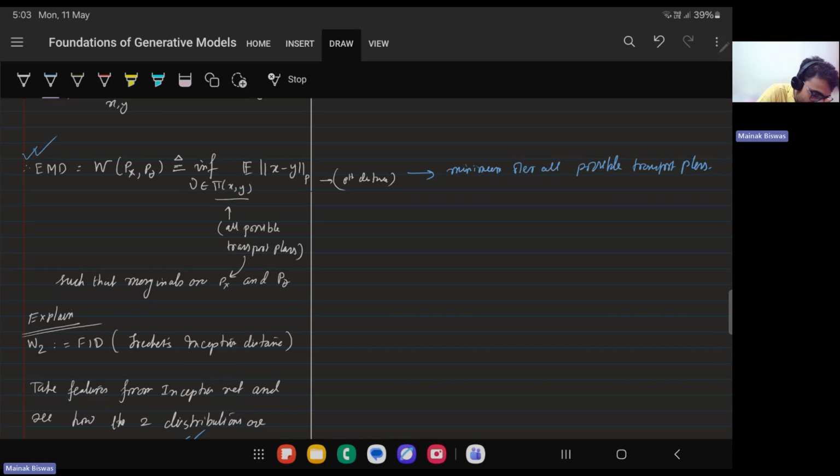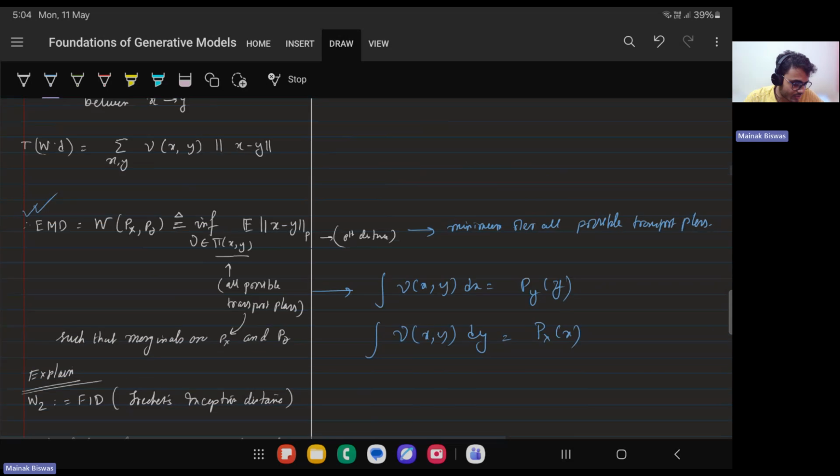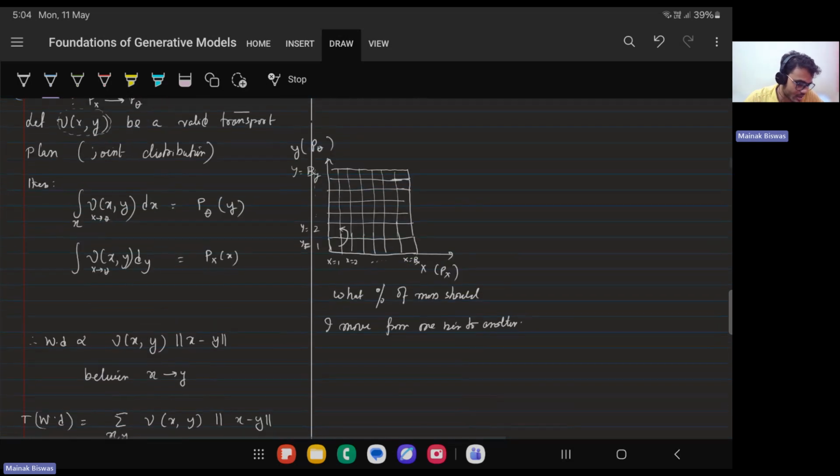It is important to remember that the integral of nu of x,y dx has to be equal to p of y, and the integral of nu of x,y dy has to be p of x. This is marginalizing over x, so this is going to be y and this is going to be x. Right, this too has to be maintained, and you could have any joint distribution in the world and you can optimize over it.